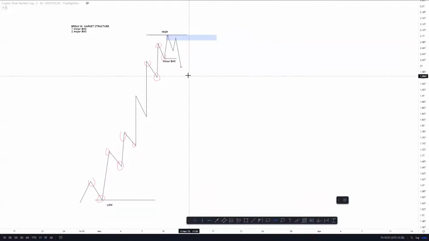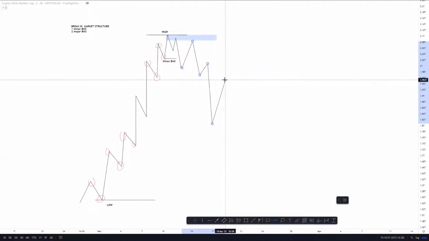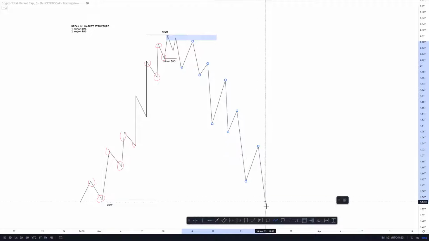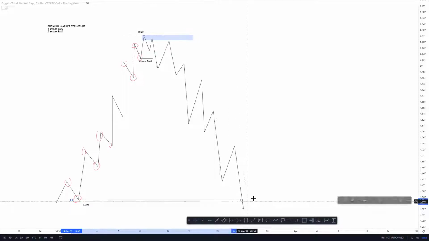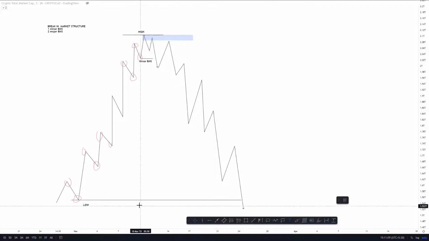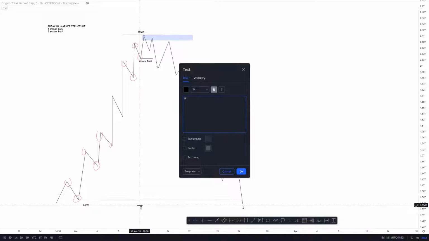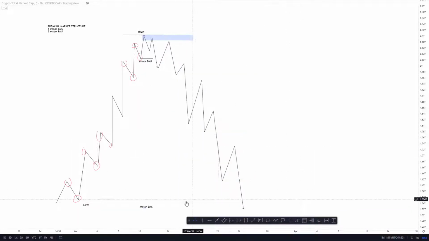I will call this a major BMS when the market creates higher highs, lower highs, lower lows, lower highs, lower lows, lower highs, lower lows, and again when the market breaks the last low, I will call that a major BMS, break in market structure.